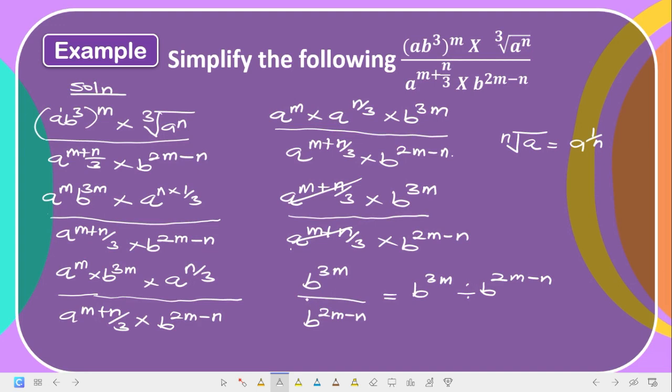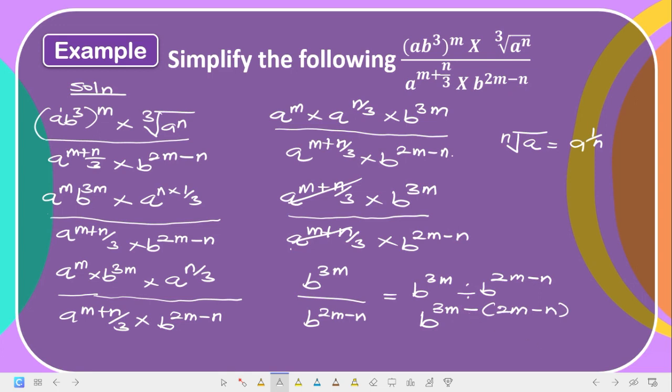That is the meaning of this sign. This sign here means division. So we have b^(3m) divided by b^(2m-n). Now, if division is in between them and the bases are equal, what do we do to the power? Subtract. Is that not so? So this gives us 3m minus bracket 2m minus n. Now, make sure that you do this, otherwise your answer will be wrong.